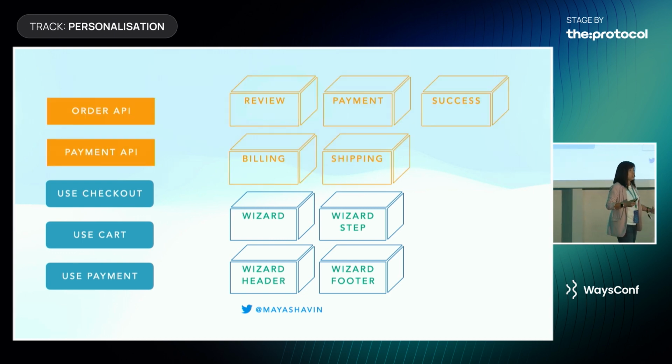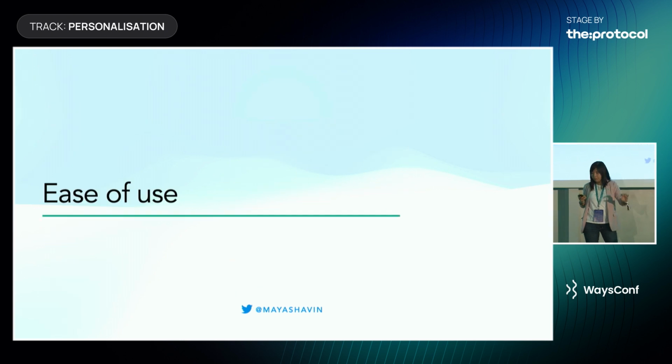Then the user will build on top of this a checkout wizard with their order API and payment API, and use the wizard step to wrap around their components for review, payment, and so on, making it into a complete checkout wizard component. And if they want to change something, they just swap out one component and that's it.